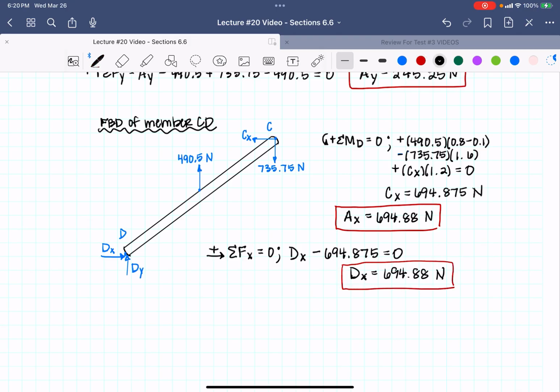All right, and last, we're going to do the sum of the forces in the y direction equals 0. I've got D of y in the positive direction.